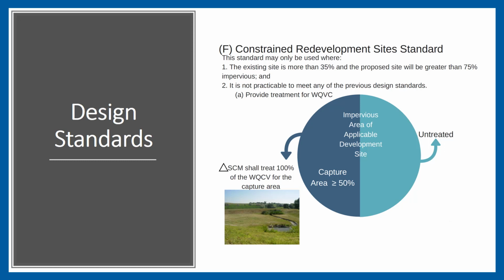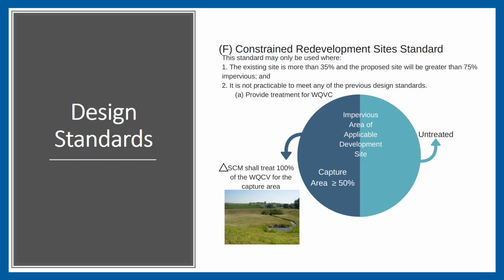A redevelopment site is defined in the permit as an existing site that has at least 35% imperviousness before you redevelop it, and then your proposed site needs to be greater than 75%. So it has to be a redevelopment site, and it has to have an impervious footprint that makes it more difficult to put in 100% treatment.